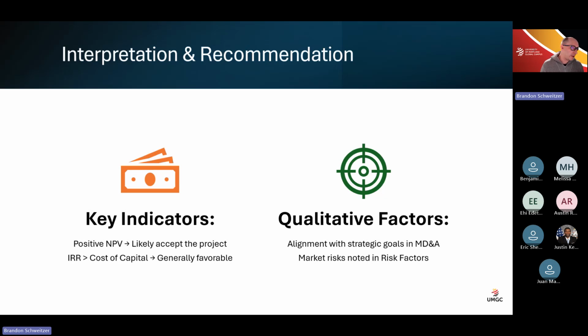Anytime that you see that the net present value is going to be positive, there's a very high likelihood that the company would accept a project or an investment. If the internal rate of return is greater than the cost of capital, this is a pretty good thing, and it typically is an indicator that management would be willing to make an investment into additional property, plant, and equipment to grow the business.